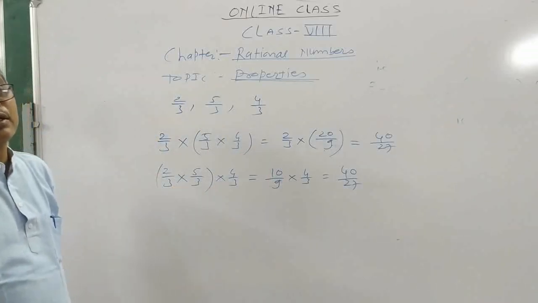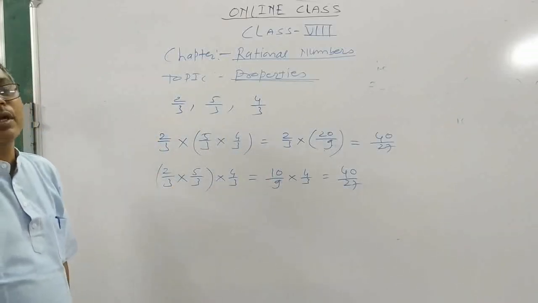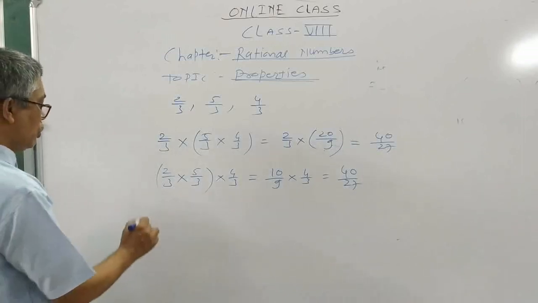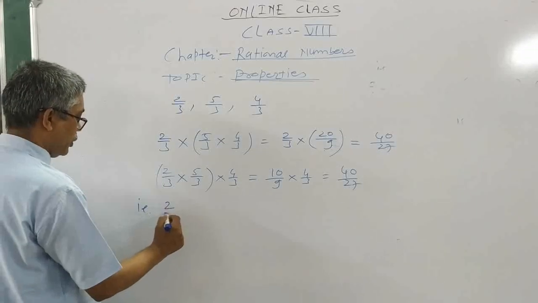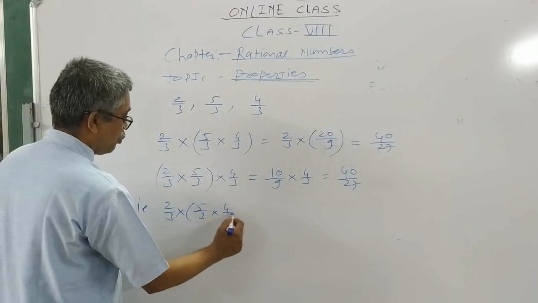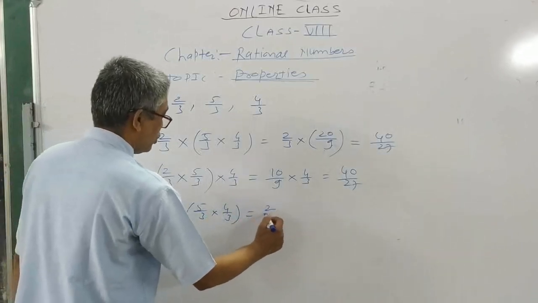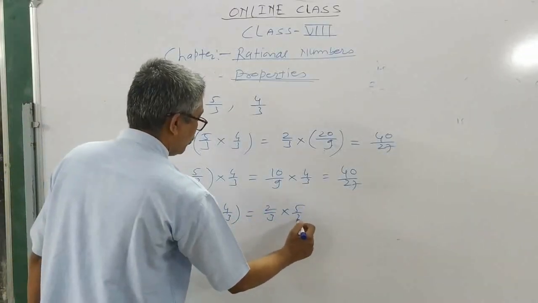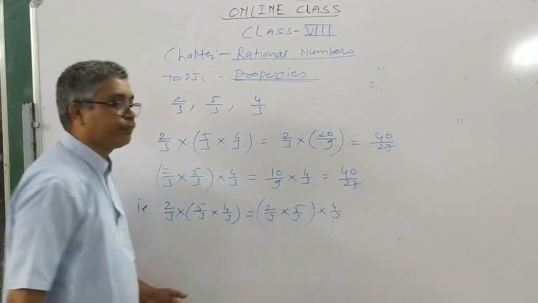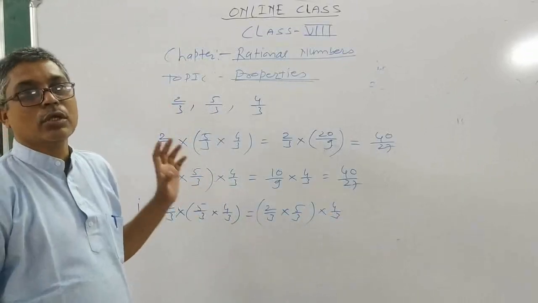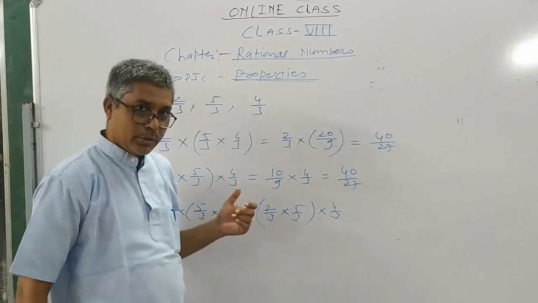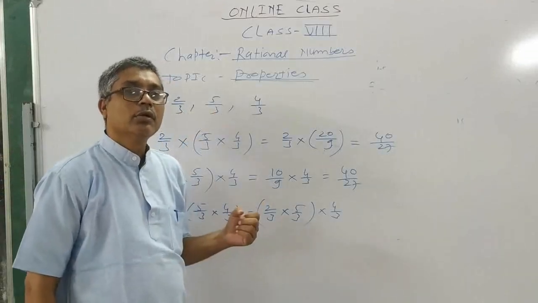It means that the multiplication of rational numbers is associative. So we can write 2/3 into (5/3 into 4/3) is equal to (2/3 into 5/3) into 4/3. So multiplication is associative.